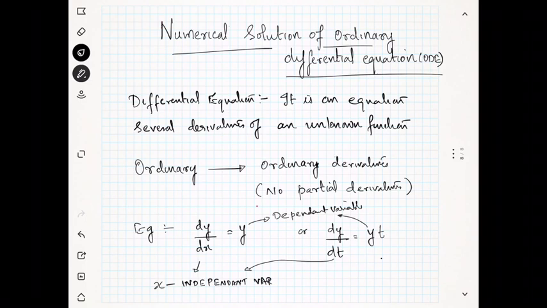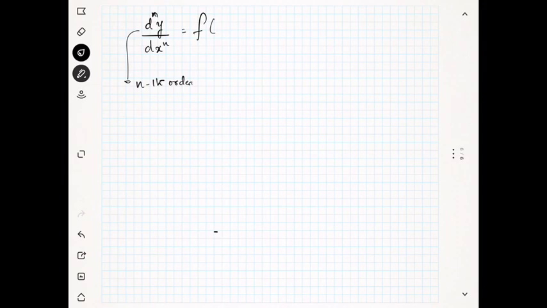So a differential equation is an equation that contains the derivatives of an unknown function. If we consider the general form of the differential equation, I can write it as the nth order derivative of y equal to some function. This represents the nth order derivative.